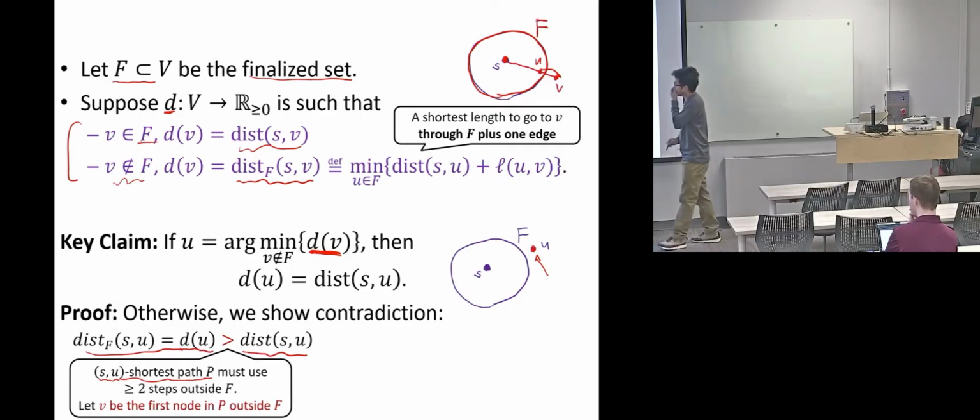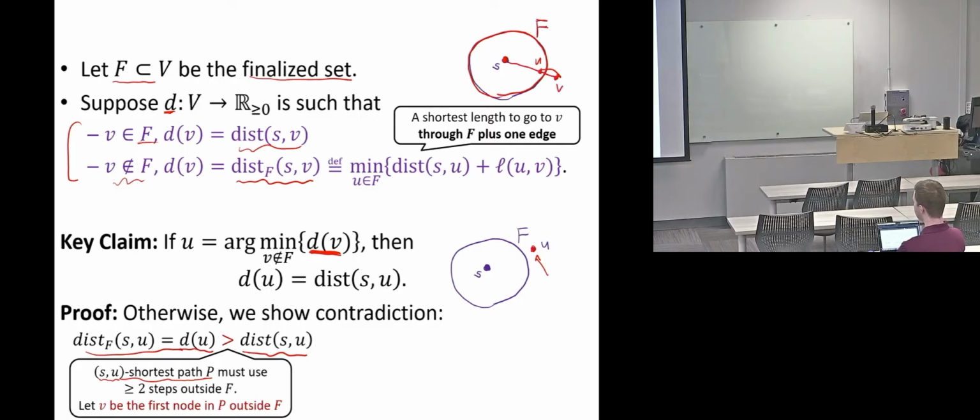No. Here U is outside the finalized set by definition. Like I said, look at U that is not finalized but has a minimum estimate. I assume that I have this estimate for the guy that is not finalized.